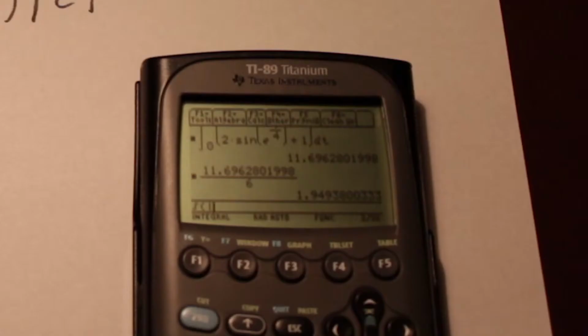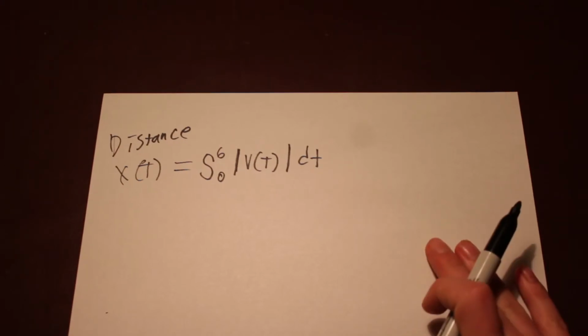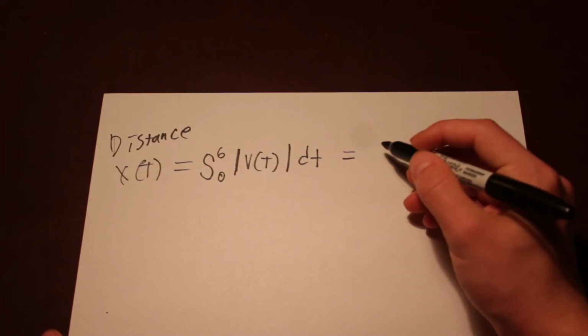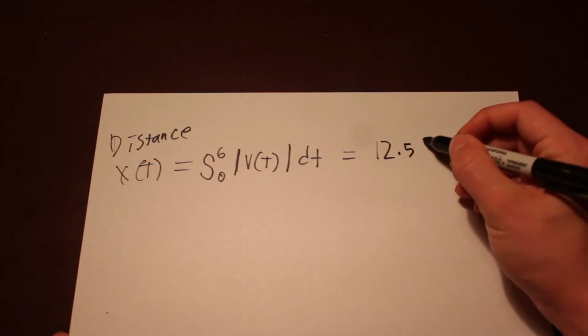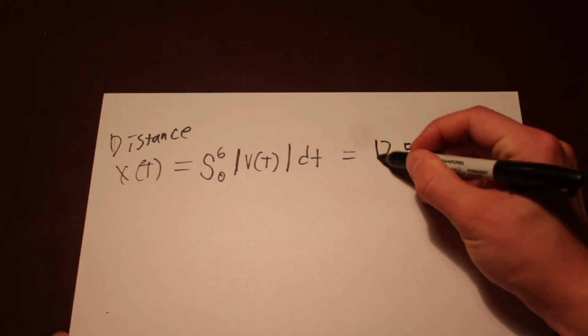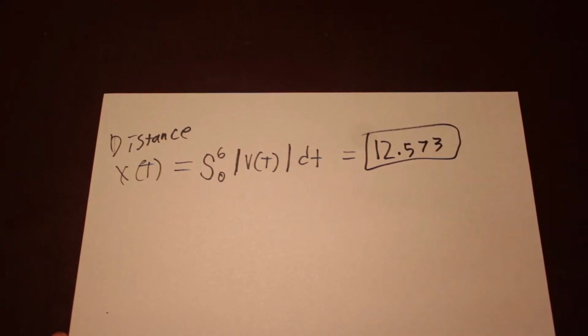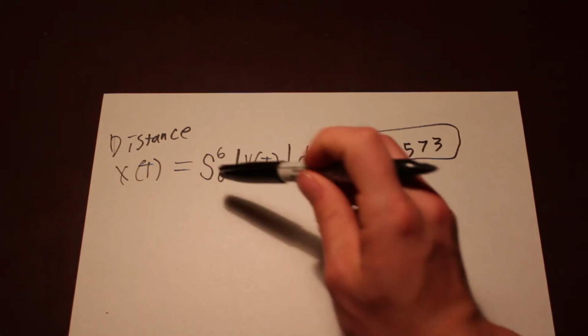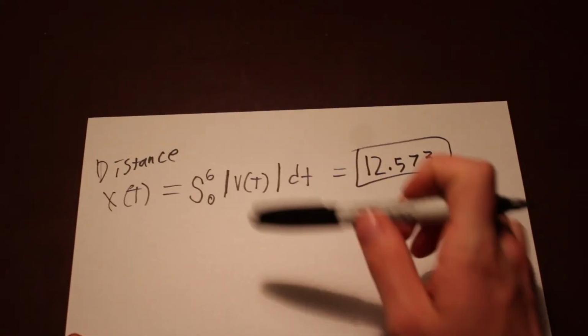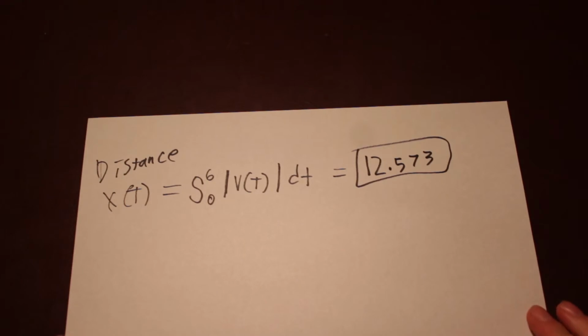To do this, we use the calculator, and with that, you get a final answer of 12.573. Here again you're getting a point for the integral and a point for the answer. This is fine. This is enough to get your point for the integral.